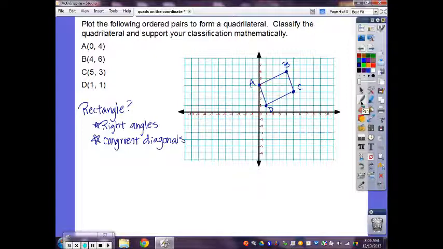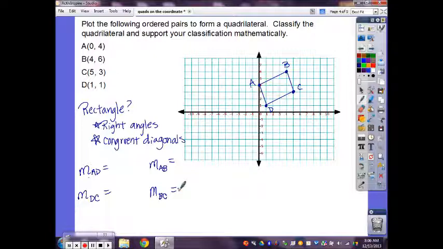I'm going to find the slope of each side, and I'm going to notate slope the way we did in class: the slope, which we usually say is m in algebra, of AD, the slope of DC, the slope of AB, and the slope of BC. I can use rise over run just looking at the graph, or I can plug points into the slope formula. But this is a pretty easy one to find rise over run.